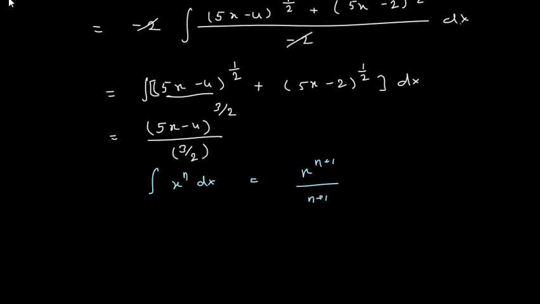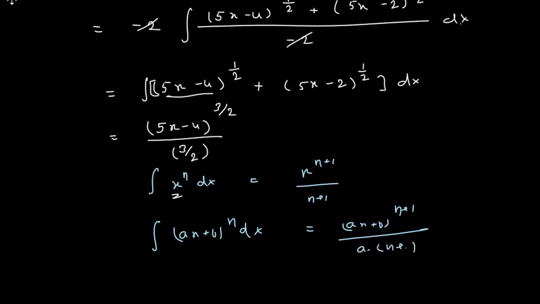Now here it is not x, it is of the form of ax plus b. So integration of ax plus b the whole power n dx is ax plus b power n plus 1 divided by a into n plus 1, right? So the coefficient of x we will write here.